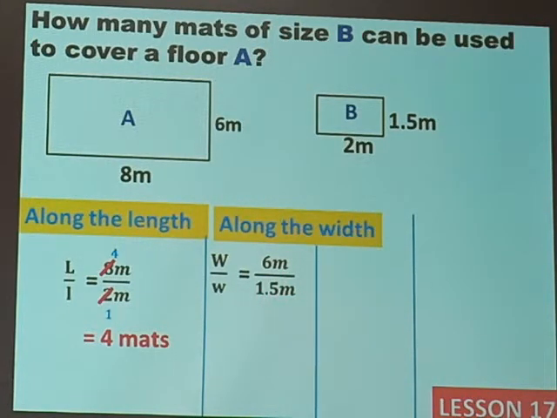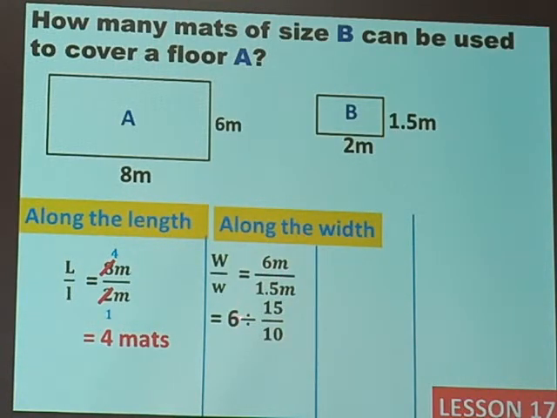When we cancel meters by meters, we shall end up remaining with 6 out of 1.5. We need to proceed from there. Now this line here, out of, is the same as saying divide by.